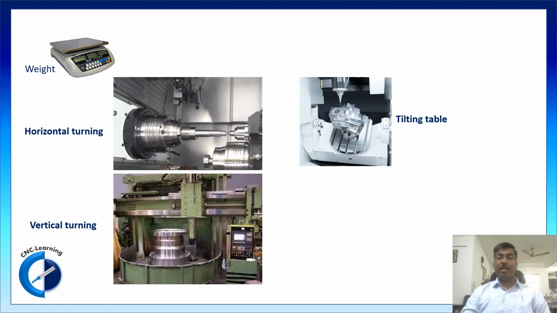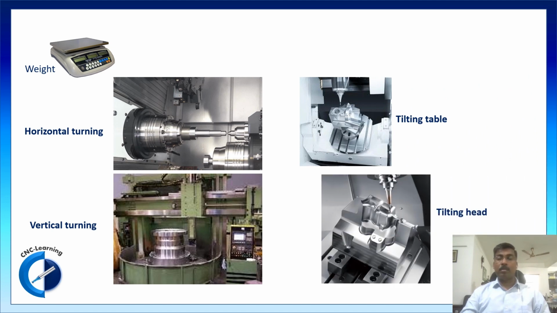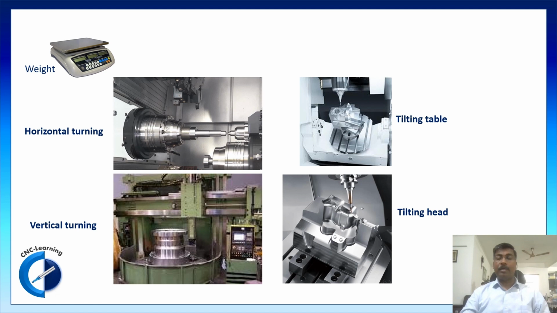Then in milling, you can have a tilting table or you can have a tilting head. If the weight of the component is less, tilting table is recommended, and if the weight of the part is very high, then a tilting head is recommended.